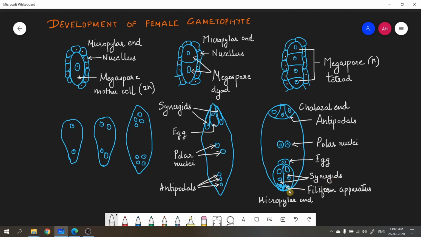Now, if you see, synergids have these hair-like projections or thickenings at the bottom. These are called filiform apparatus. What is the role of filiform apparatus? It helps in guiding the pollen tube inside the ovule. So basically, synergids assist in the process of fertilization, whereas antipodal cells are said to provide nutrition.